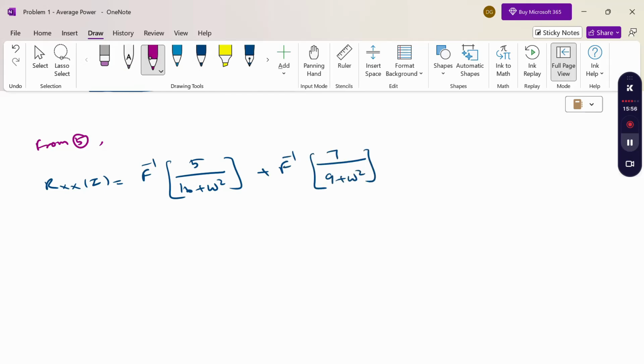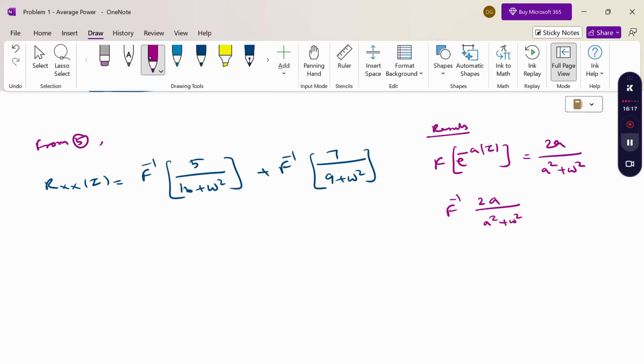I mentioned the important result: the Fourier transform of e power minus a modulus tau equals 2a by a square plus omega square. Moving to the right-hand side, the Fourier inverse of 2a by a square plus omega square is e power minus a modulus of tau. Compare this result.